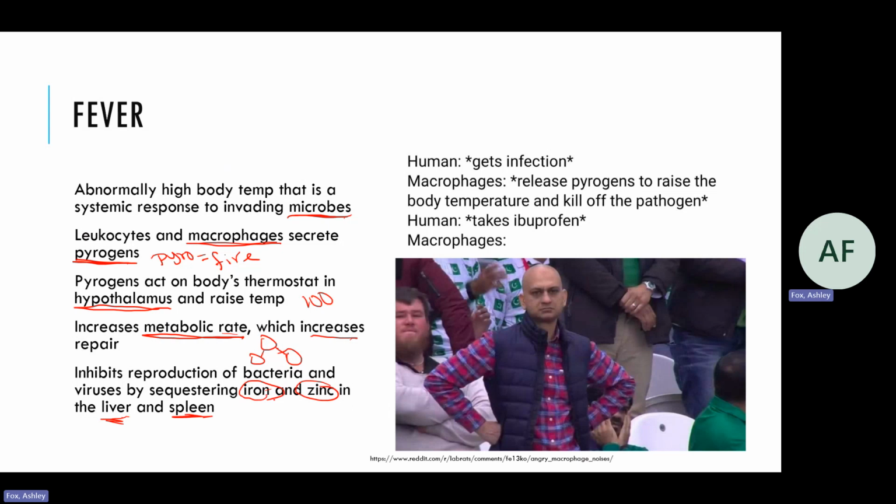Iron and zinc is needed for reproduction, and they're stealing your supply of iron and zinc. If you take your cash and hide it away, then they can't steal it anymore. If they don't have a supply of iron and zinc, they don't have their own supply. They can't make any. They have to use yours. So if you take it away, they can't reproduce.